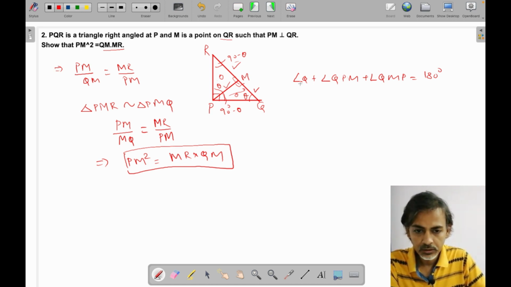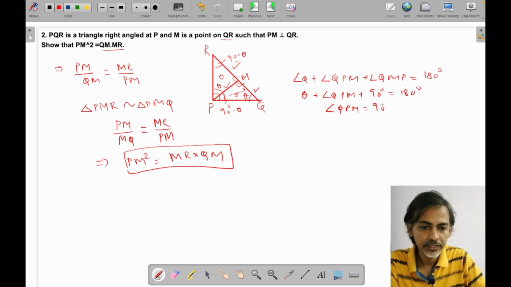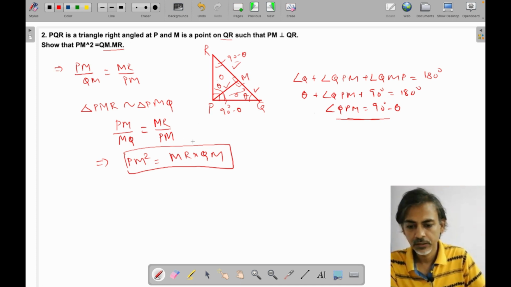I'm calling Q as theta, and QPM we need to find out, and angle QMP is 90 degree. So this is 180 degree. So QPM will be 90 degree minus theta. So this is how we got this 90 degree minus theta. So this finishes our second question.